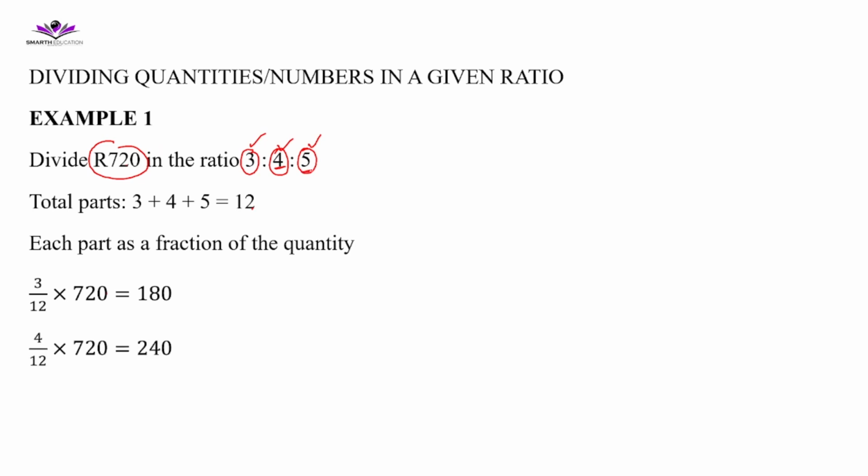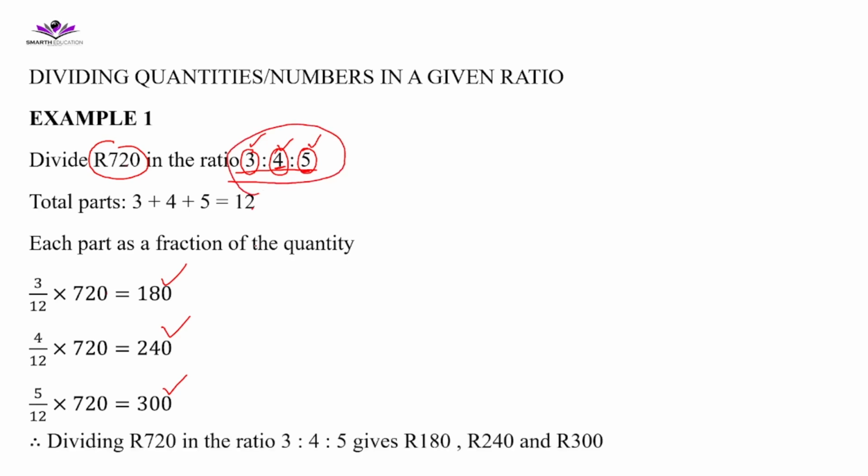And then this one is 5 out of 12 of 720. So this is another method you can use, which is the fraction method. Add the parts, get the total parts, and then express each part as a fraction of the quantity. And then we know that 720 can be divided into 180, 240, 300 if we're using this ratio. So that's the answer there.